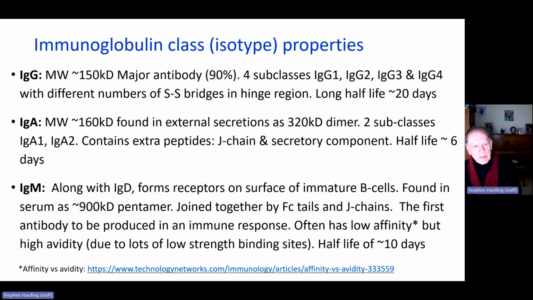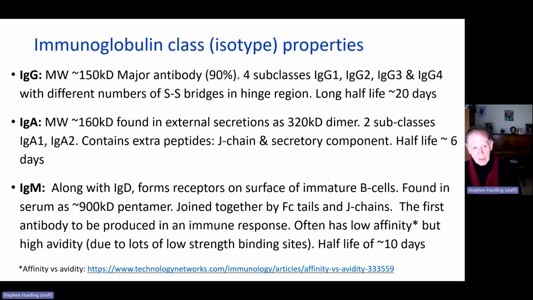So IgA, the molecular weight of the monomer, is slightly larger, about 160 kilodaltons, and is found in external secretions, such as the mucosal lumen in the alimentary and in the bronchial tracts. So it normally exists as a dimer, which takes its molecular size to be 320 kilodaltons on average.